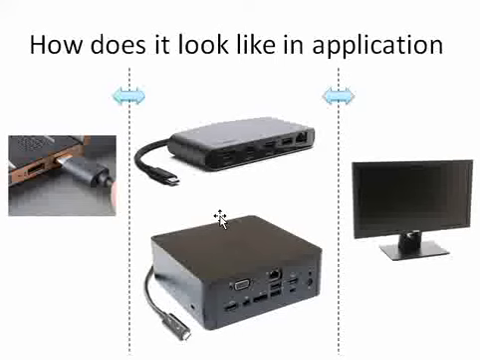You find many of these docking stations with Thunderbolt connectors from different vendors in the market. Some of the primary vendors are, for example, HP and Dell, which have these docking stations. Just see and try to read the specification.